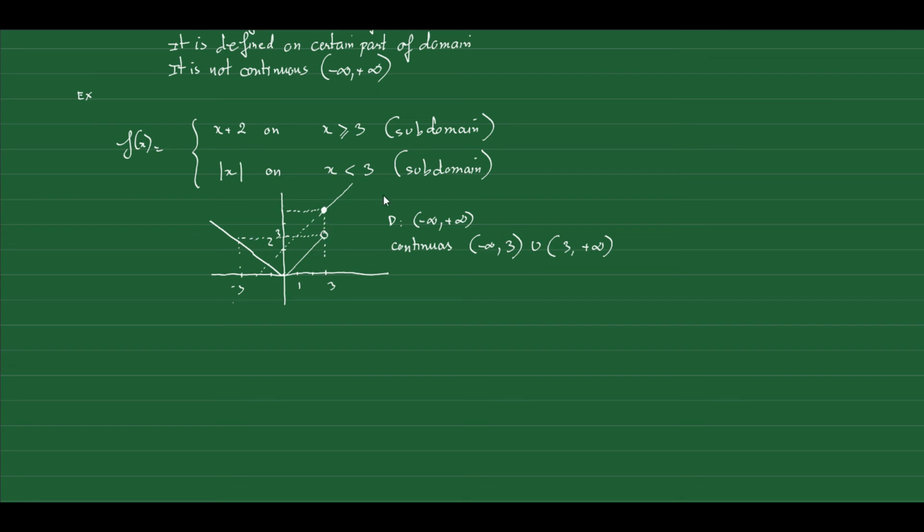It's not continuous from negative infinity to positive infinity because it's jumping. It's not smooth; it's smooth here, then it jumps right over here.